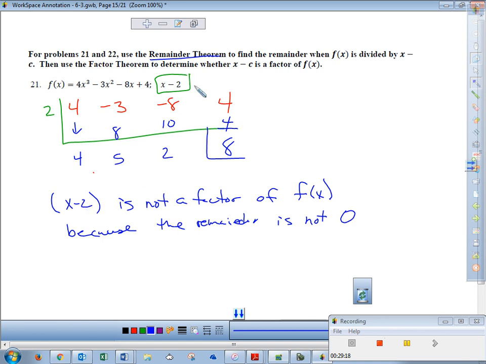Now, if this remainder was 0, then you just say x minus 2 is a factor of f of x because the remainder is 0.